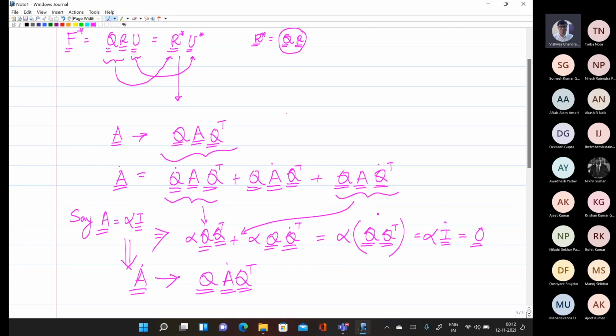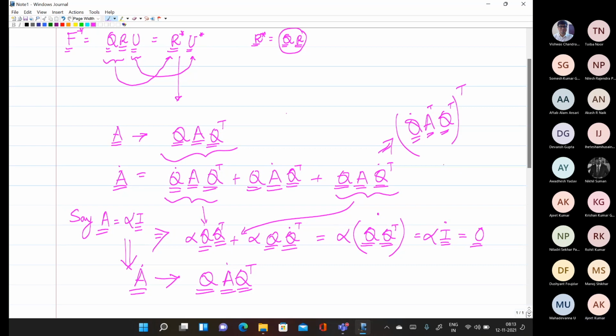Is it possible that we can somehow combine the two terms? Because one has Q dot on the left side, and the other has Q dot on the right side. That's true. But this is also fine, I guess. The other one is the same as Q dot A transpose Q transpose whole transpose, right?